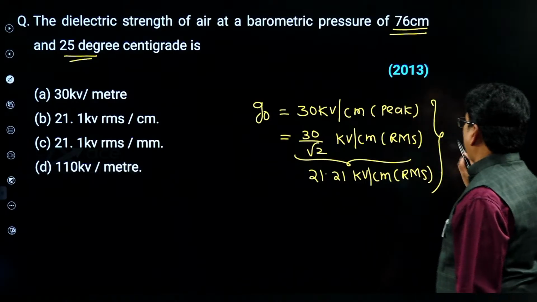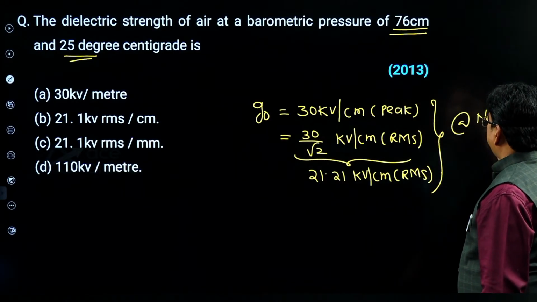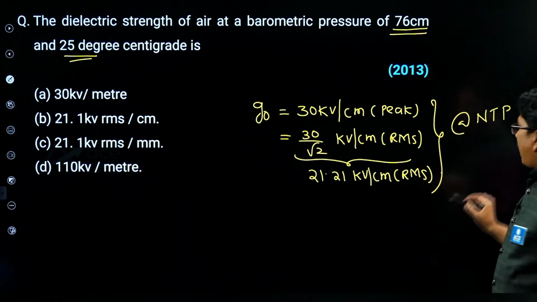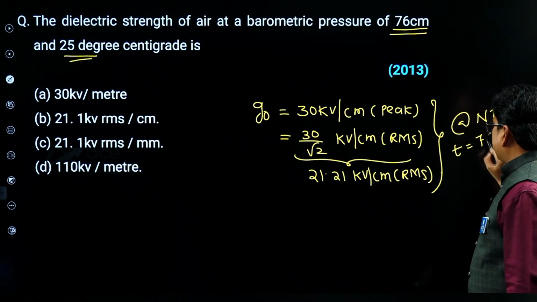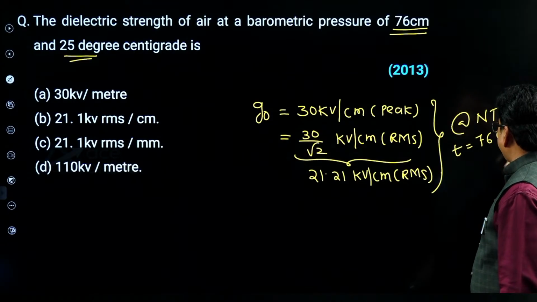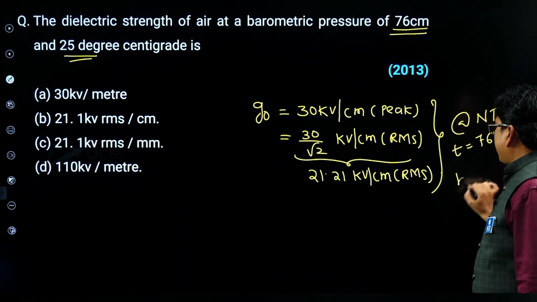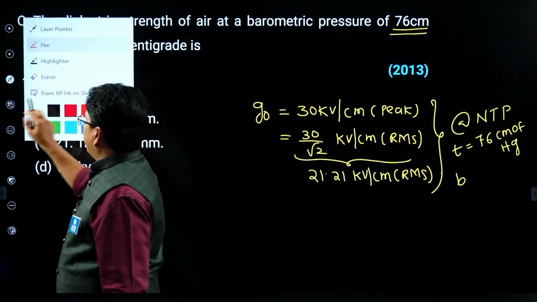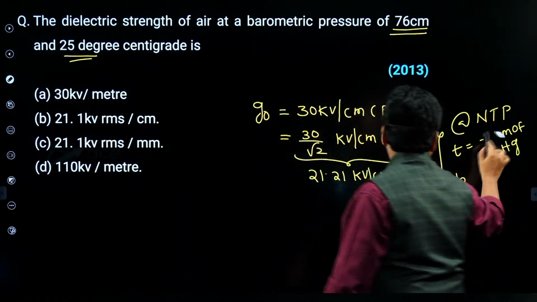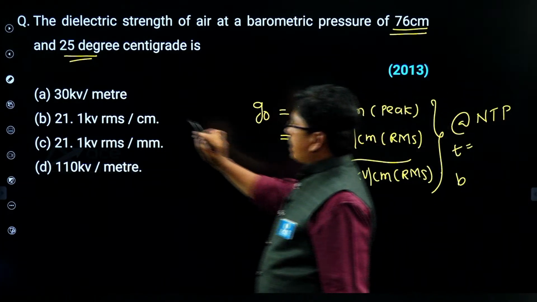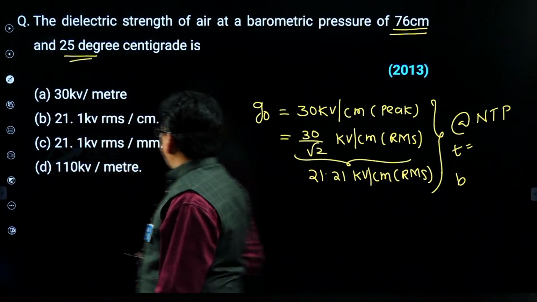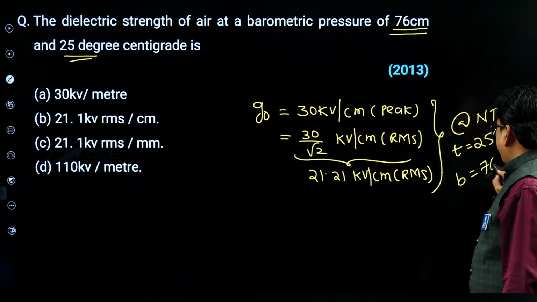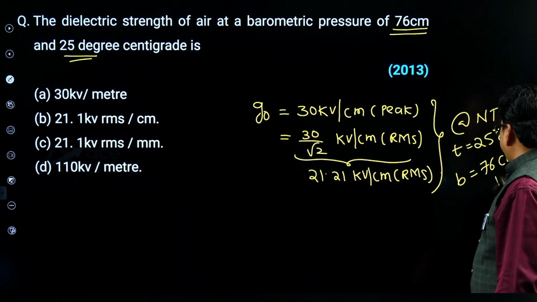These values are at NTP. NTP means nominal temperature and pressure. The temperature will be 25 degrees centigrade and the barometric pressure will be 76 centimeter of Hg.